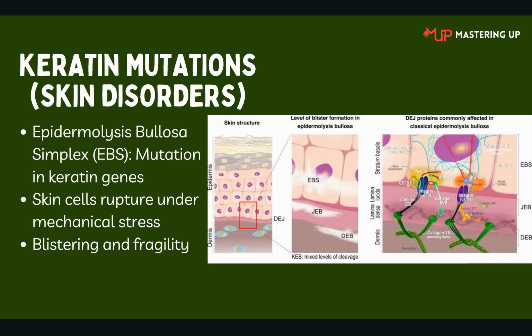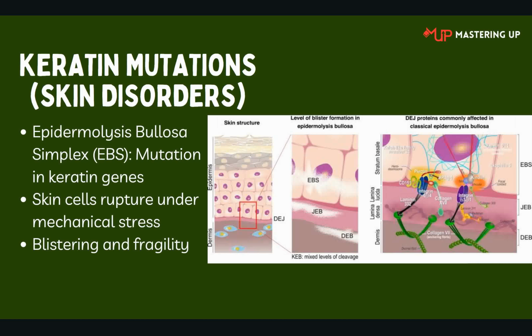Intermediate filaments like keratin are crucial for the mechanical integrity of epithelial cells. In disorders such as epidermolysis bullosa simplex, EBS, mutations in keratin genes cause skin cells to become extremely fragile.